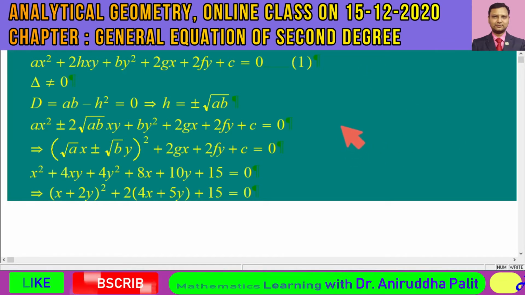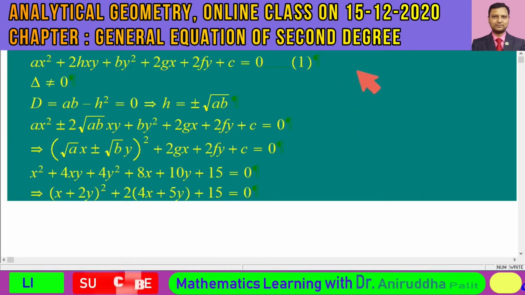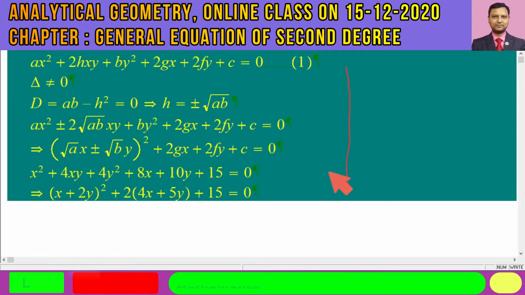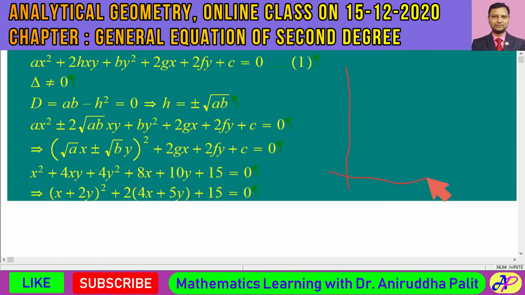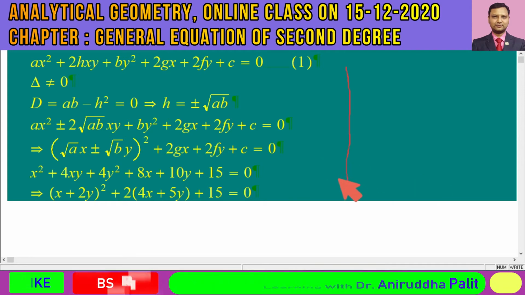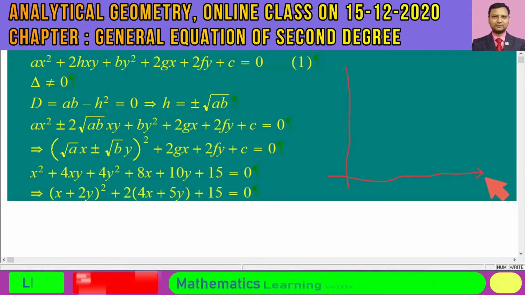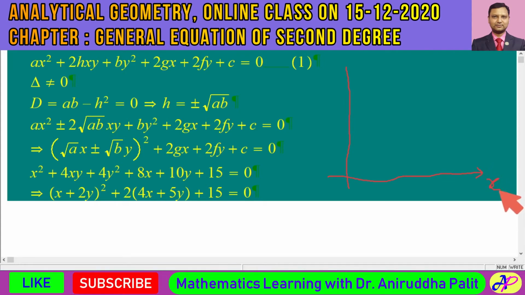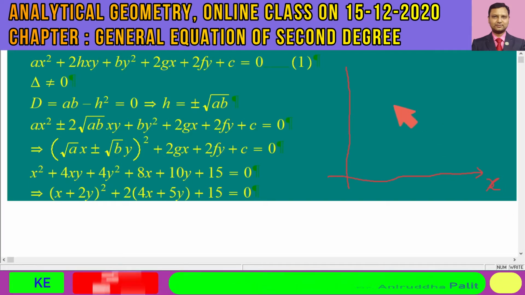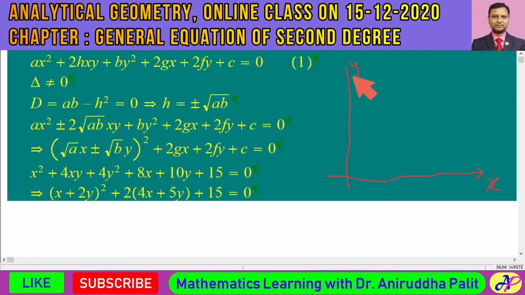Suppose this is the x-axis. So not x-axis, this is the y-axis, and this is our x-axis, and this is our y-axis.